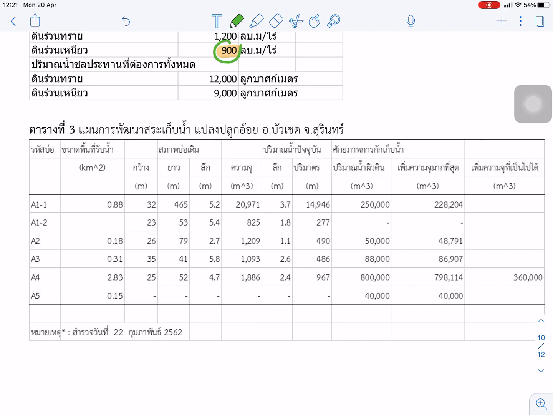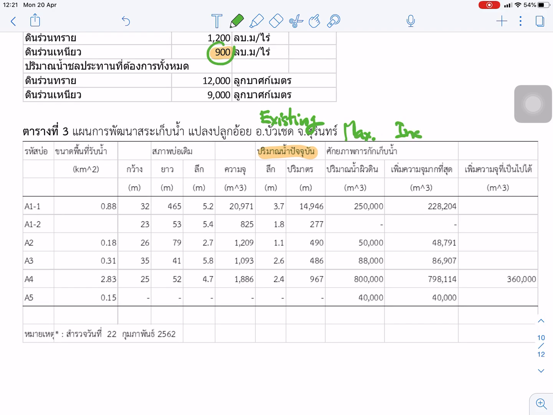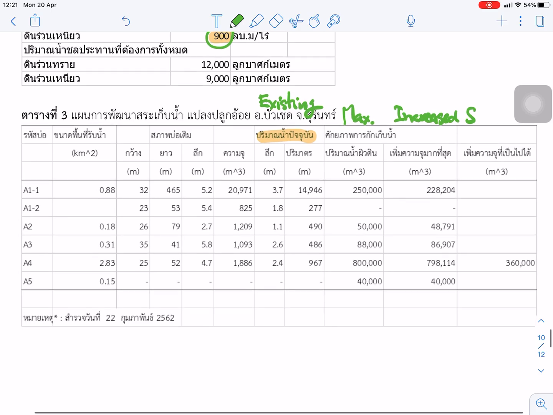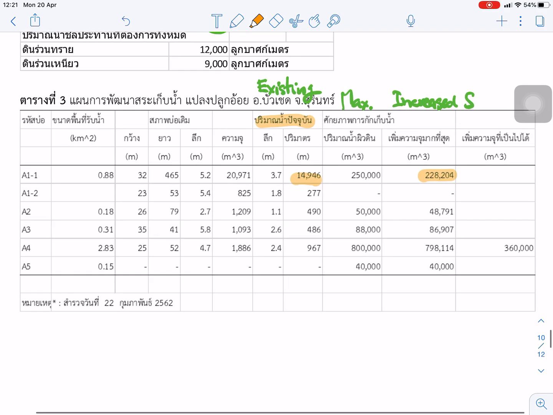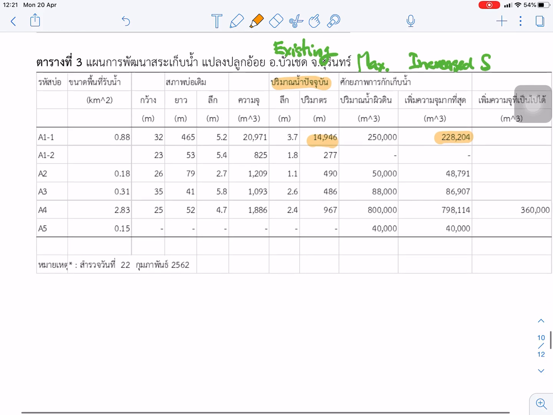This is the existing size of the pond, and we can say that this one is the maximum storage, and we can increase storage up to this number. For example, A1: existing storage is about 15,000, and we can increase it to about 228,000.